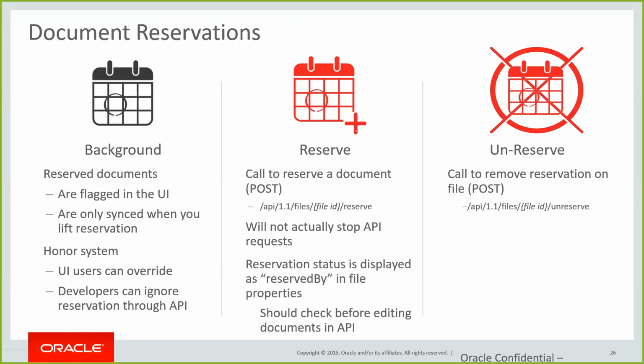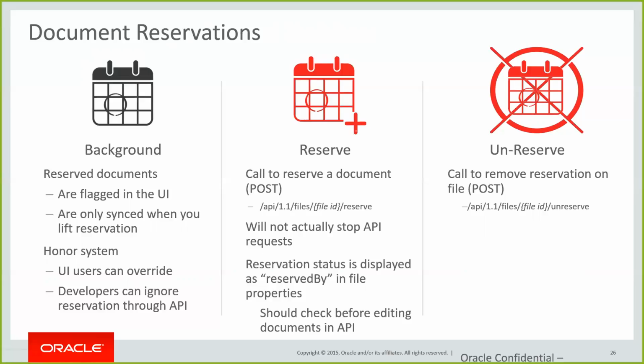And also we have an API available for reservations. So instead of placing reservations on files using the interface, the web UI, the desktop tool, or any other mobile application, we now have the possibility to place reservations using the REST API.